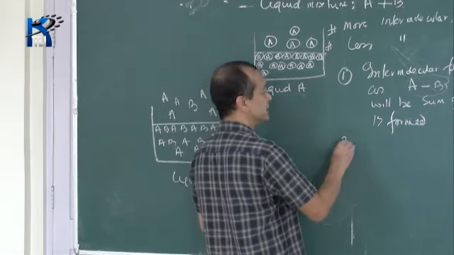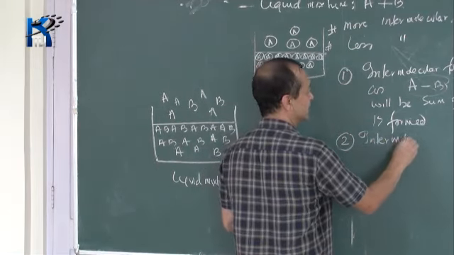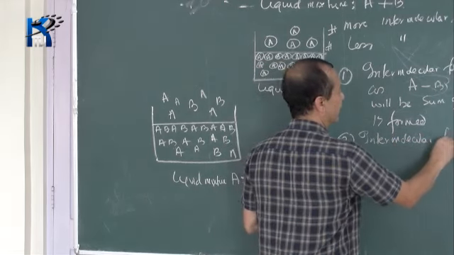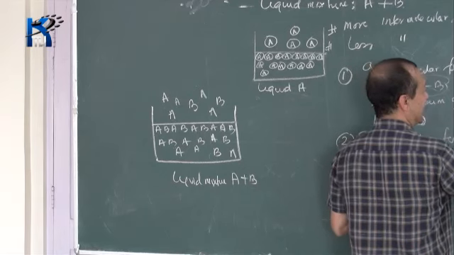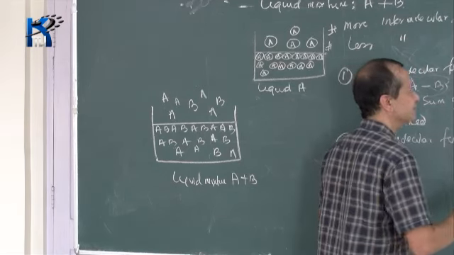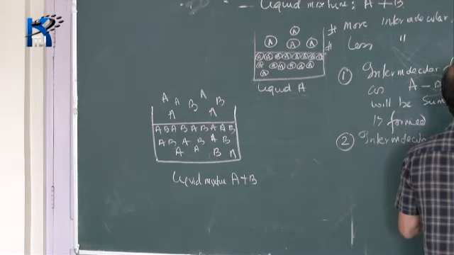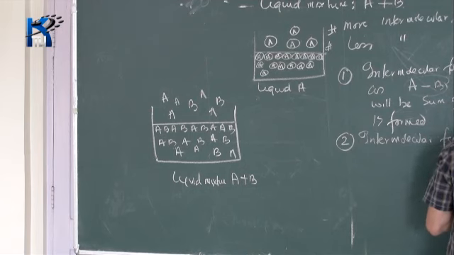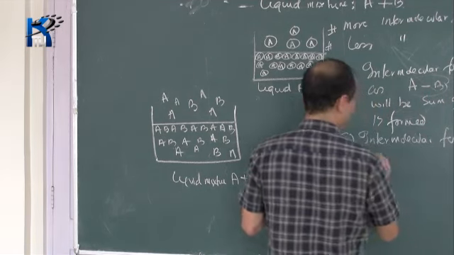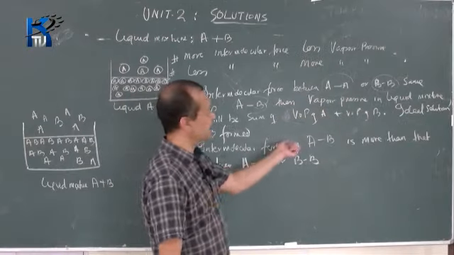Okay, so number two situation is: suppose the intermolecular force of AB is more than that of AA or BB.